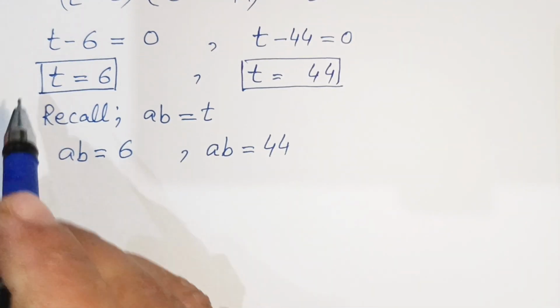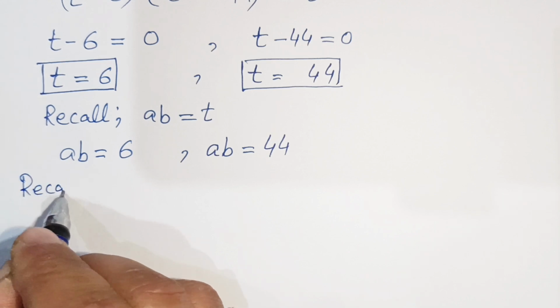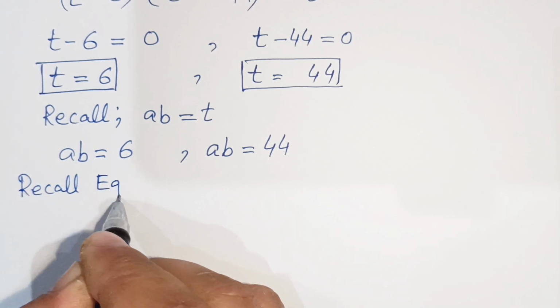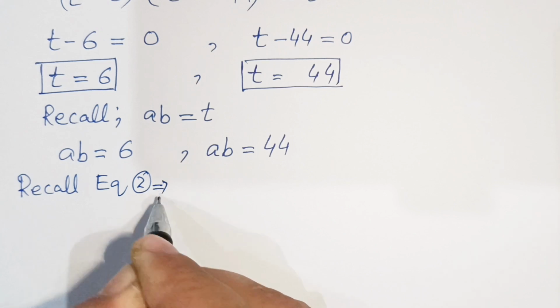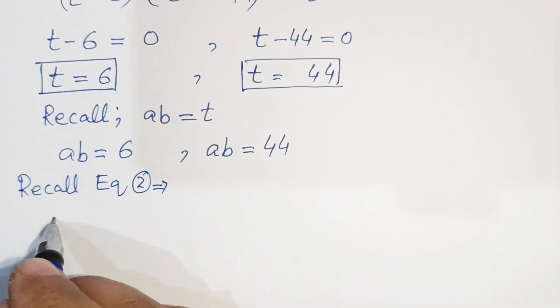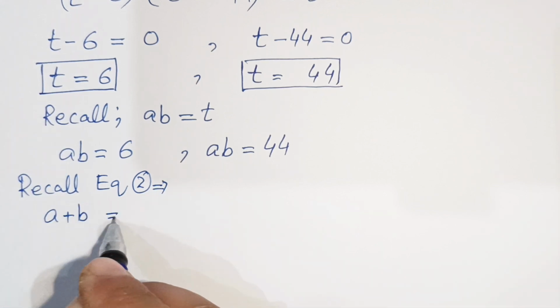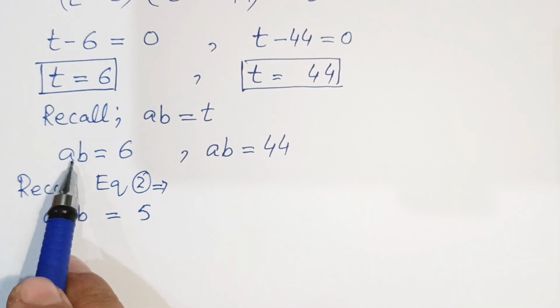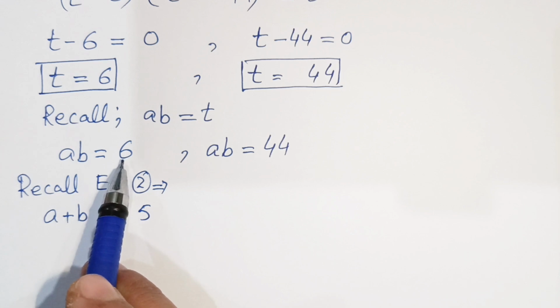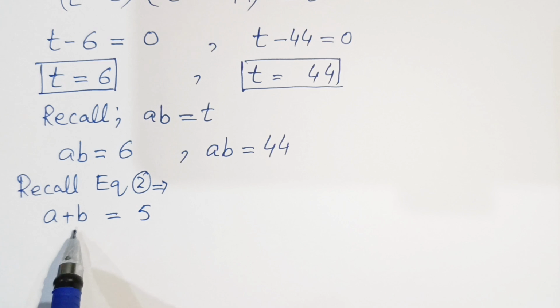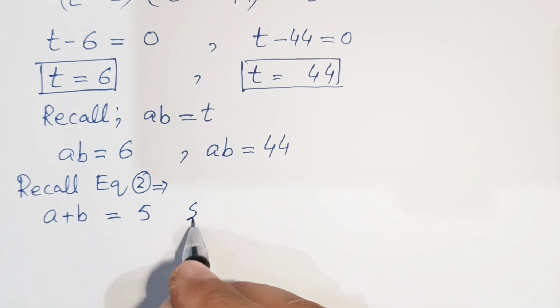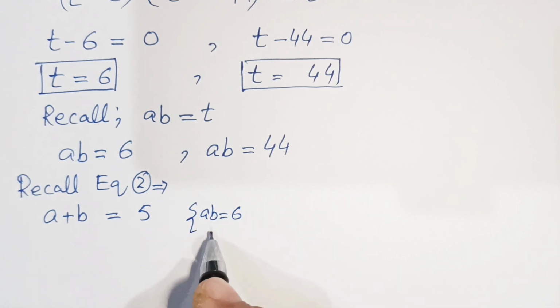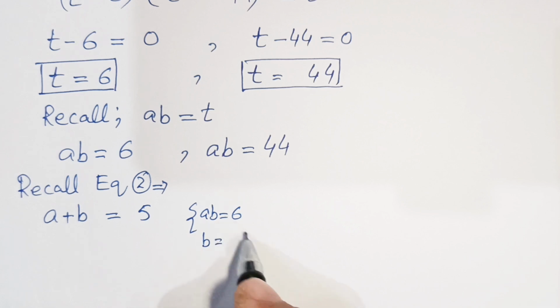So a plus b is equal to 5. If we use ab is equal to 6, then the value of b will be 6 over a.